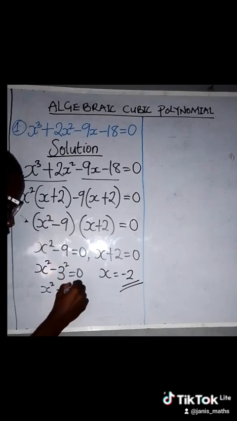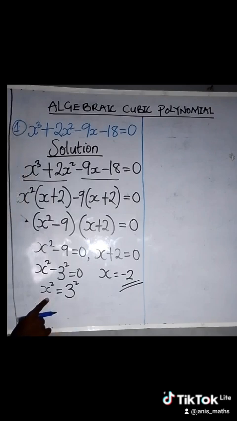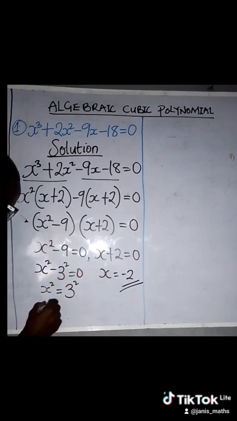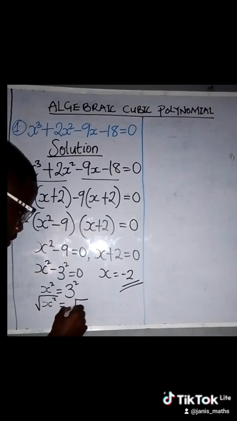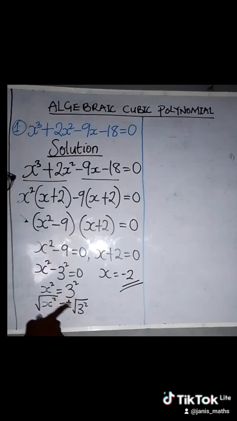Remember, I'm looking for x, not x squared. So all I have to do is square root both sides to get the value of x, not x squared. Now take note, when you are taking this square root, it has to be a plus and a minus.